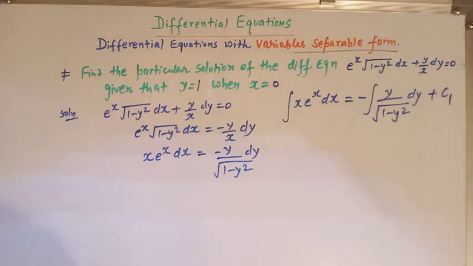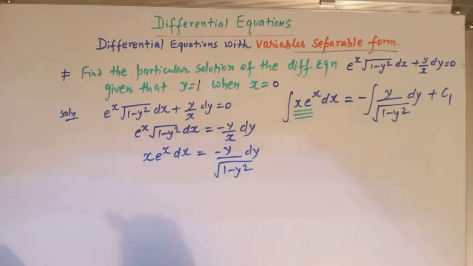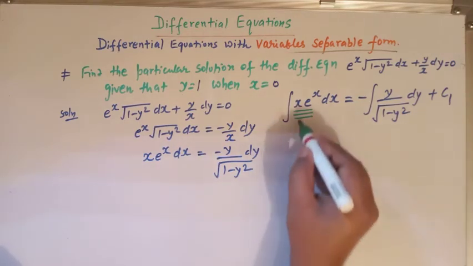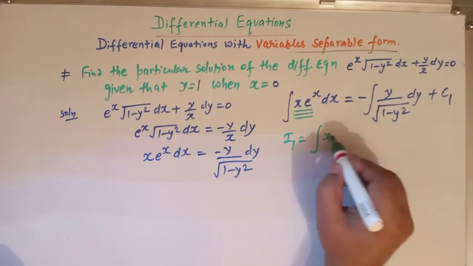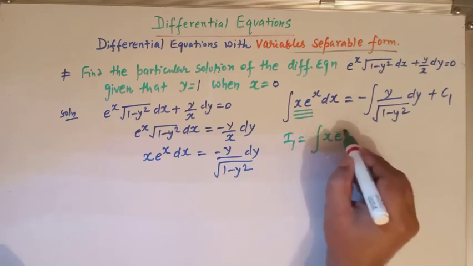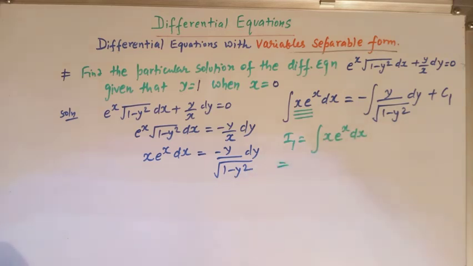Now viewers, here we have to integrate this integrand with the help of integration by parts. So let us denote I1 as integral of x e raised to x dx. Let us apply the concept of integration by parts.